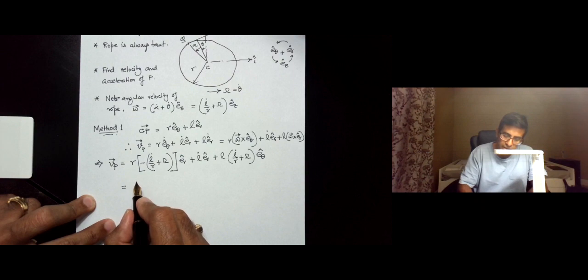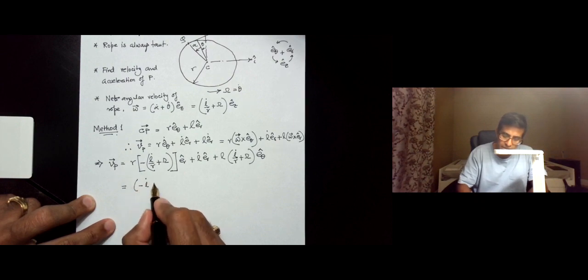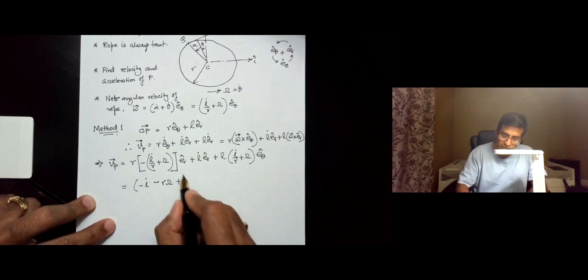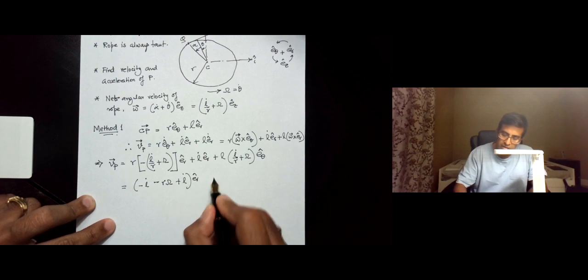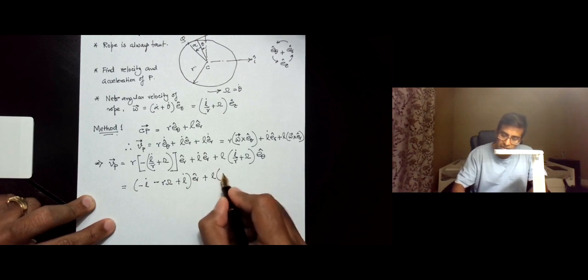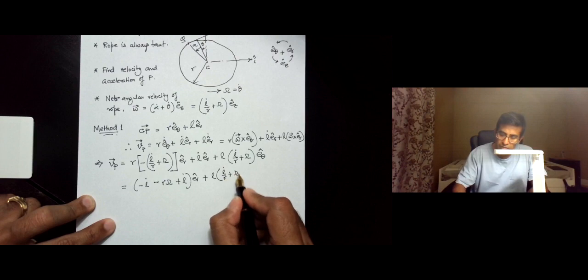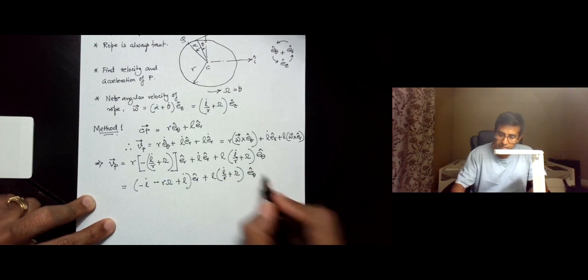We have negative L dot negative R capital omega plus L dot Er plus L times L dot over R plus omega E theta.